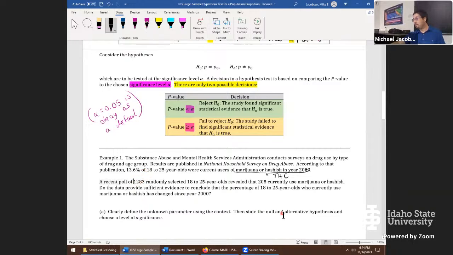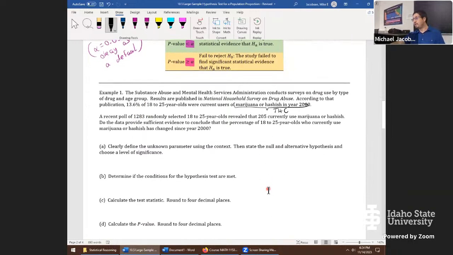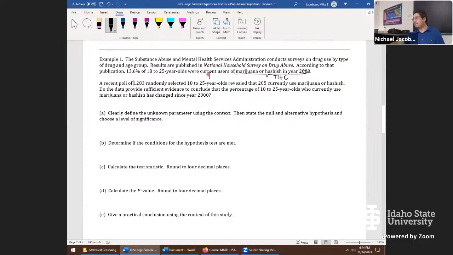So a recent poll of 1,283 randomly selected 18 to 25-year-olds reveals 205 currently use marijuana or hashish, current THC users, we might say. Then they say, do the data provide sufficient evidence to conclude that the percentage of 18 to 25-year-olds who currently use marijuana or hashish has changed since year 2000?